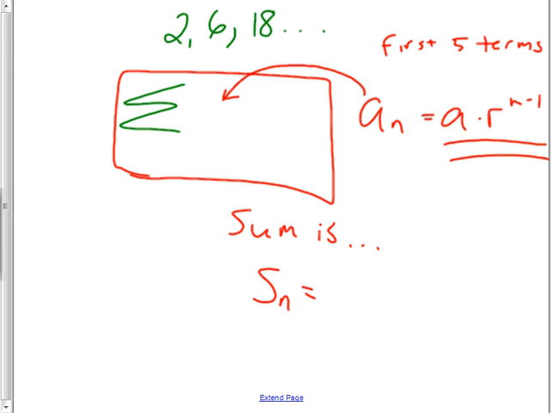S sub n is A times 1 minus r to the n all over 1 minus r. And you know r, and you know n. And you know A. A is just the starting amount. So figure out both parts of this. This comes out to a number answer, like 34. It's a lot bigger than that.